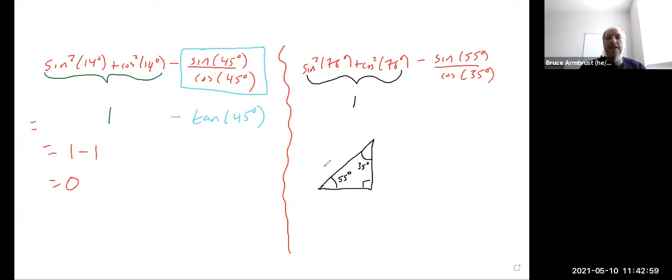Does that help you see how we can deal with these? They're complementary, start with CO. So these are cofunctions. We can use the cofunction identities.